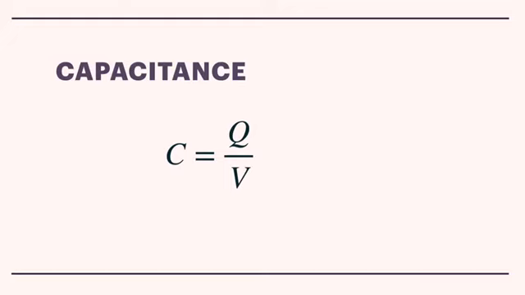The mathematical expression is as follows: C equals Q over V, where Q is the electric charge on either plate, with units in coulombs, C. C refers to the capacitance, where the unit is farad, F. And V represents the potential difference between the plates, or we call it the voltage. The unit is volt, V.